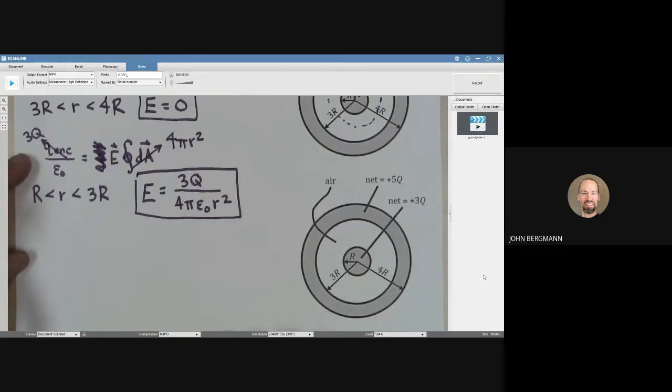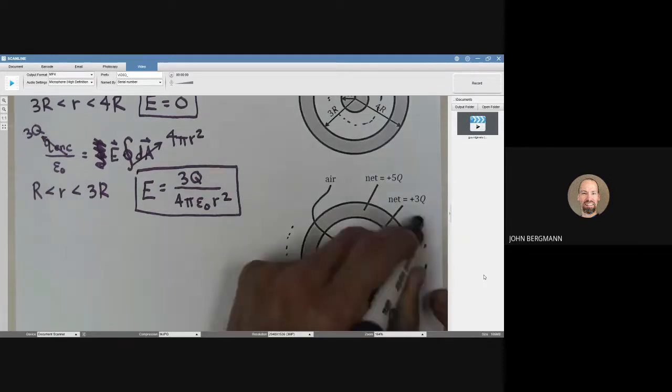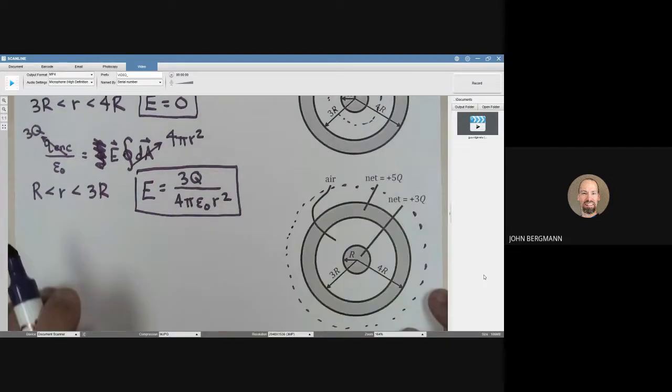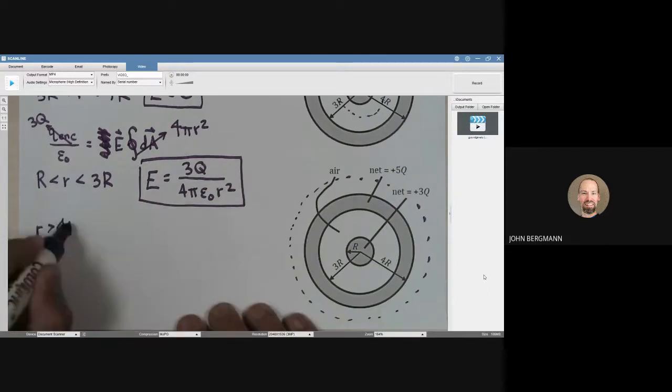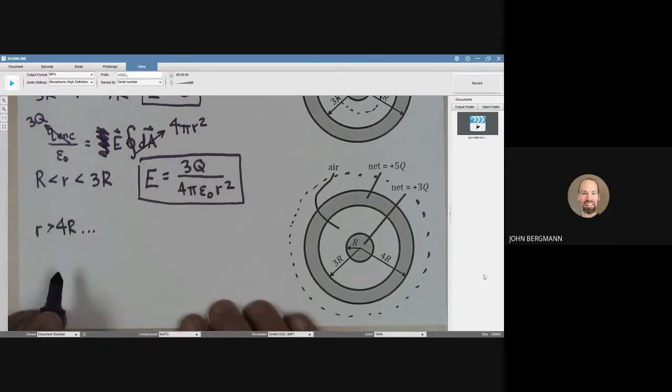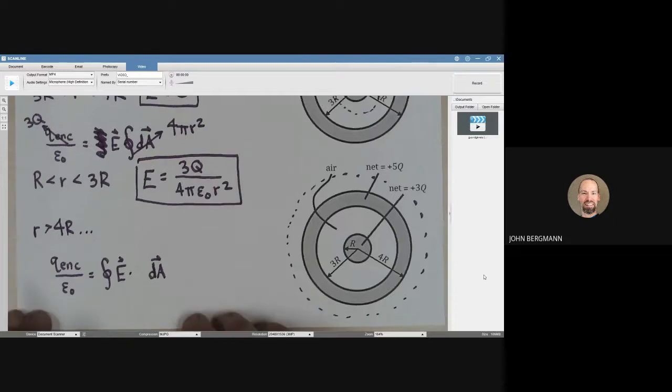All right, what about out here? When little r is bigger than 4R, we do the same thing. We're going to use Gauss's law again. Q enclosed over epsilon naught is equal to the surface integral of E dot dA. What's the charge that's enclosed? The net charge that's enclosed, you can look at it two ways.